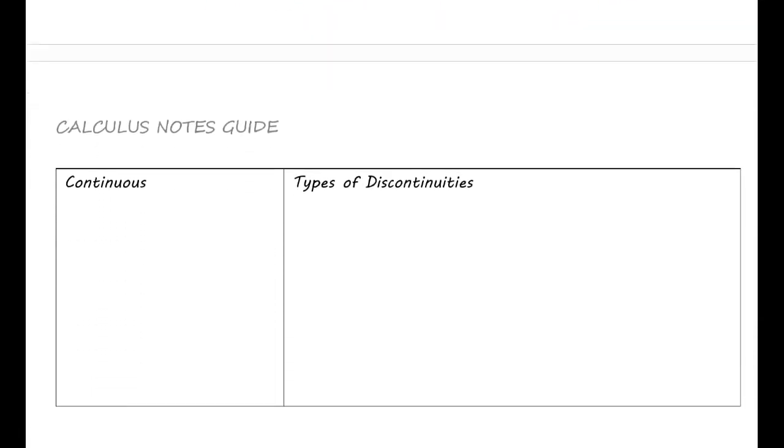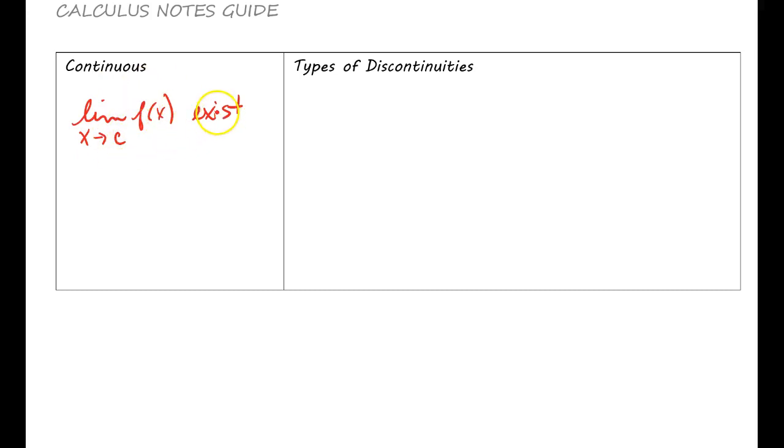The only other thing on the notes guide is about continuity, which I know I've talked to you guys about, but just to sort of clarify things, there's a definition for a graph being continuous that involves limits, and it is this. The limit has to exist. So the limit as x approaches c has to exist. And notice it's the overall limit, not just one of the sides.